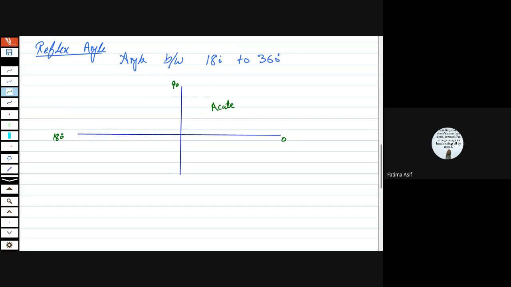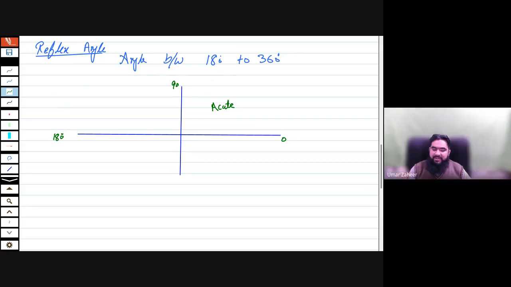Sir, will the angle between 0 to 90 also be a right angle? No. A right angle is exactly 90 degrees. Acute is between 0 and 90, which is obviously not exactly equal to 90 degrees and not exactly equal to 0 degrees.